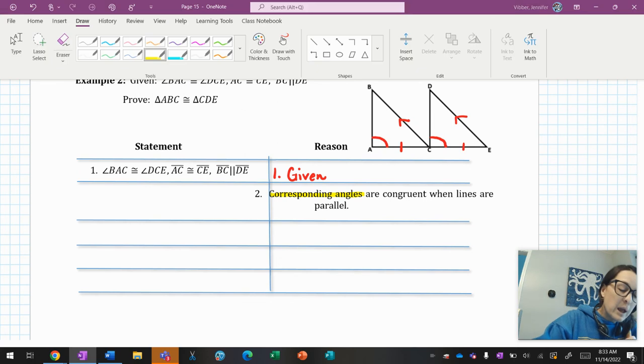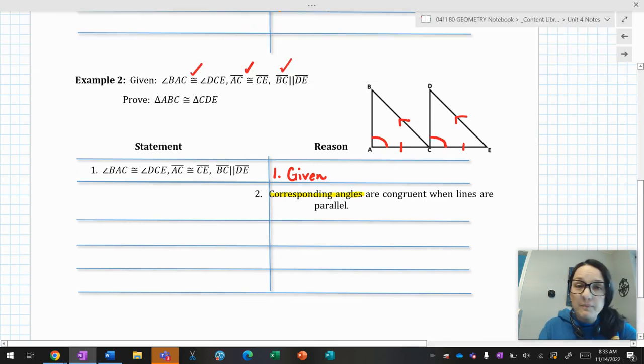And I'm going to look at the reason we had here that said don't look for alternate interiors. This time we're going to have some corresponding angles. And the corresponding angles that we're going to see are this one and this one. Those two angles are corresponding angles because they're in the same position relative to the parallel lines. If I look at these parallel lines, this is like at the bottom and to the left.